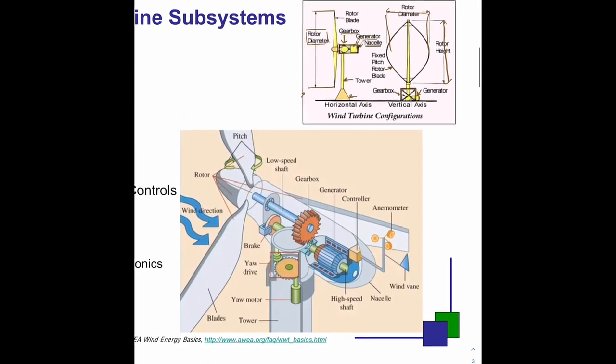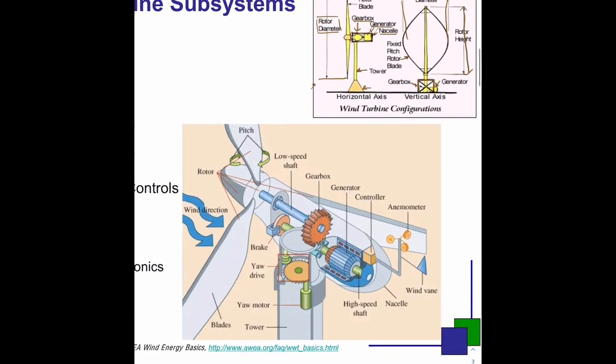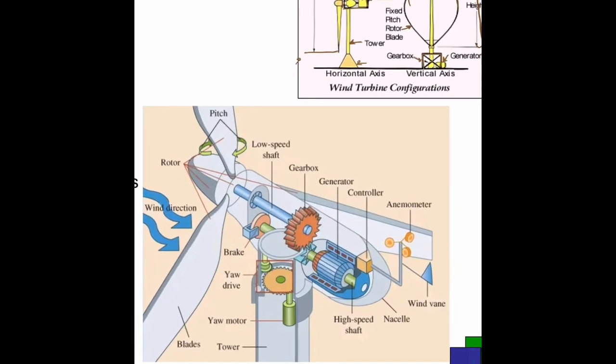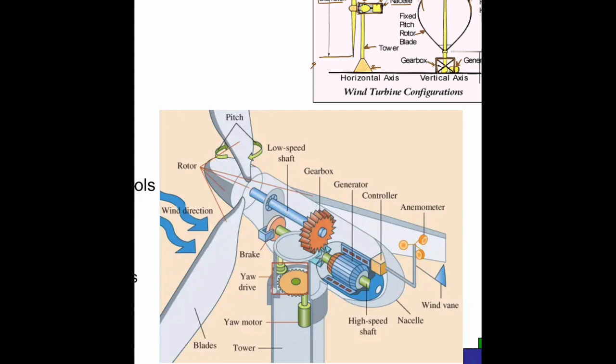So going back to the horizontal axis turbine, here we have the rotor that holds the blades together. Here is one blade, and we can see that it's not designed to be just a rectangular shape.